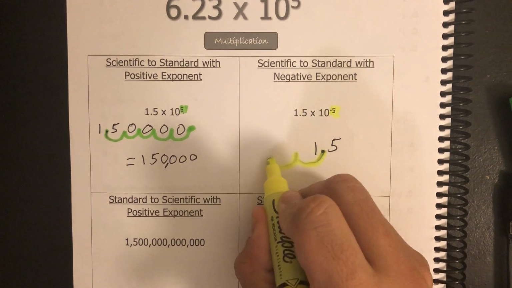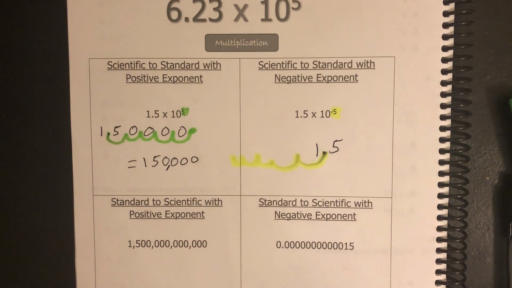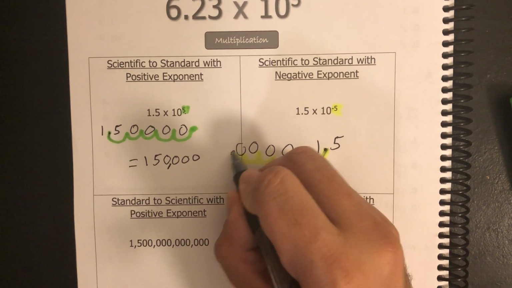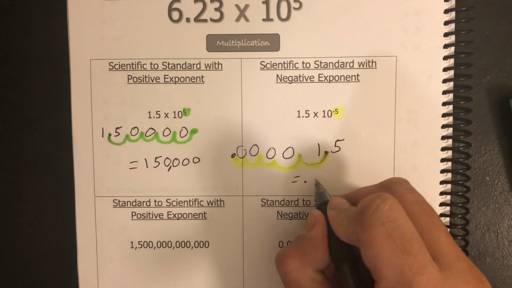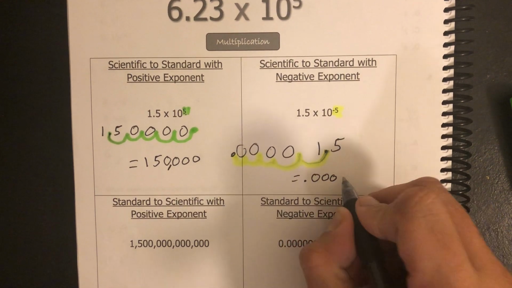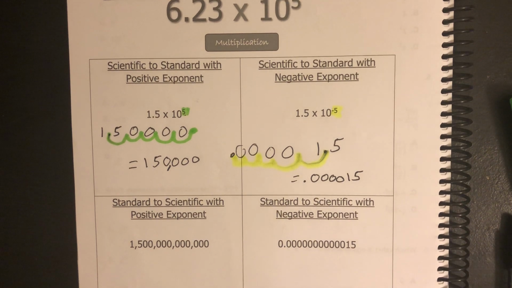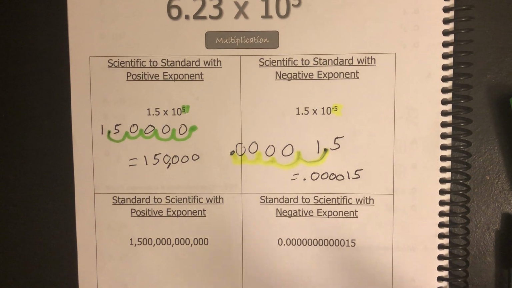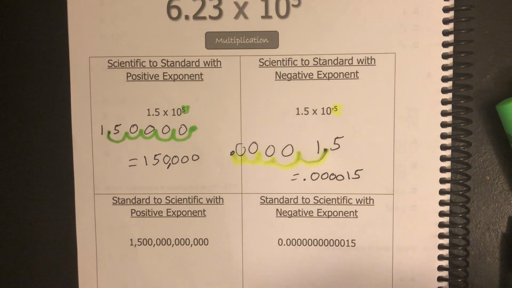So that's 1, 2, 3, 4, 5. Put a decimal there. And so if you add zeros, that'd be 1, 2, 3, 4 zeros, and there's your decimal. So basically, my number is 0.000015. Okay? So anytime you have a positive exponent, it's going to come out to be a really big number. If it has a negative exponent, it's going to come out to be a really small decimal number.